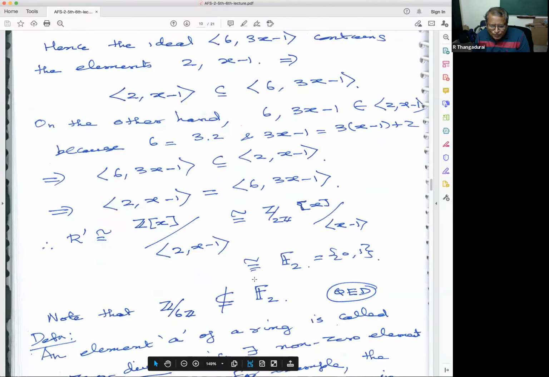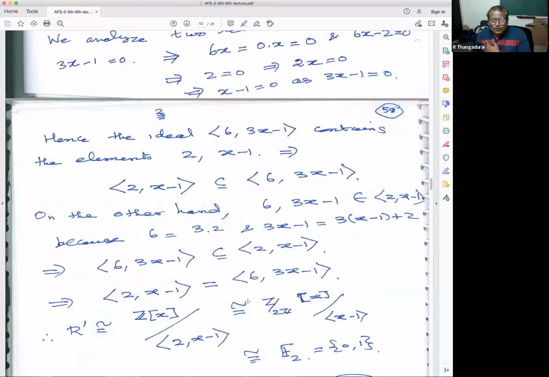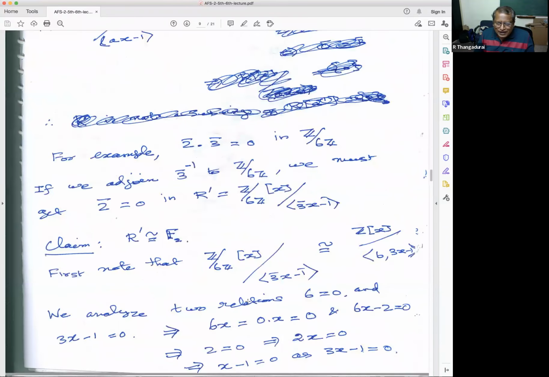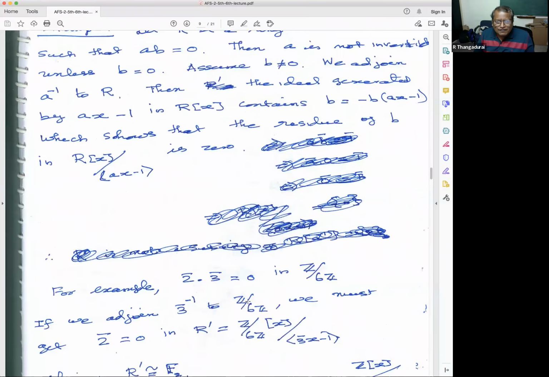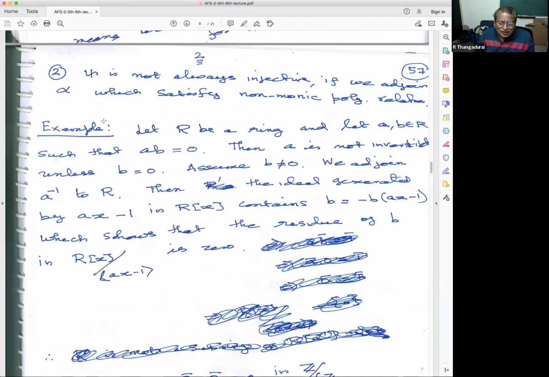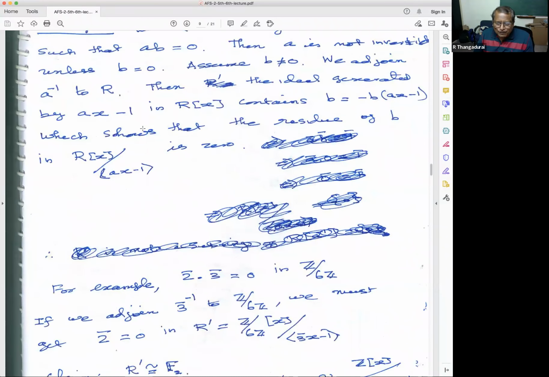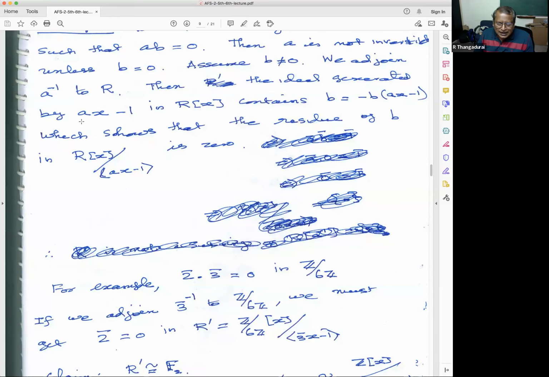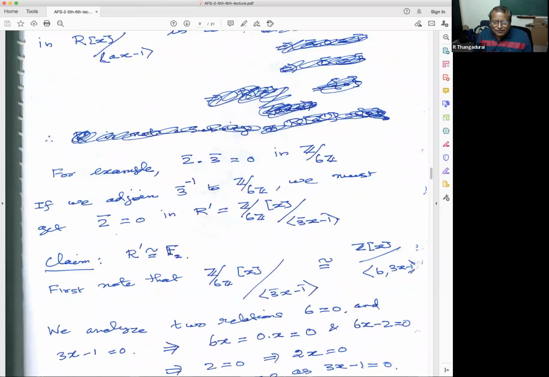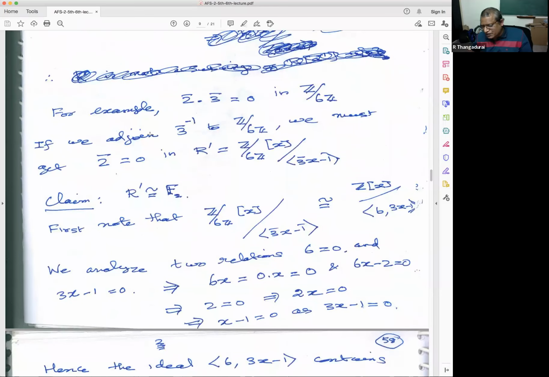So F2 versus Z modulo 6Z: this is not inside F2, just because here the cardinality is 6 and there it is cardinality 2. So when we have a relation, some element we want to attach, and that element satisfies a non-monic kind of polynomial equation, then we are not getting an extension of the base ring.